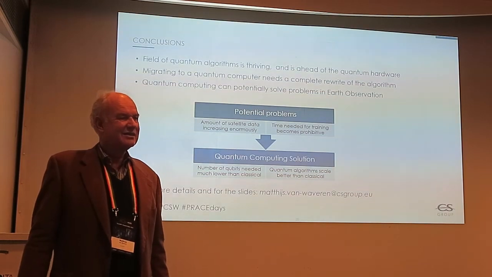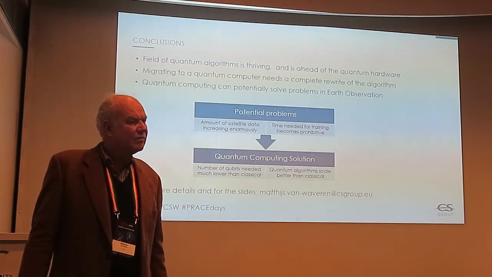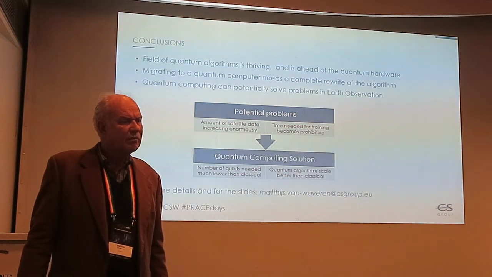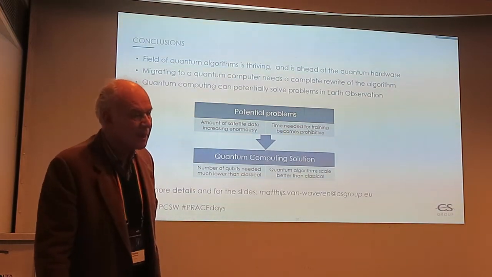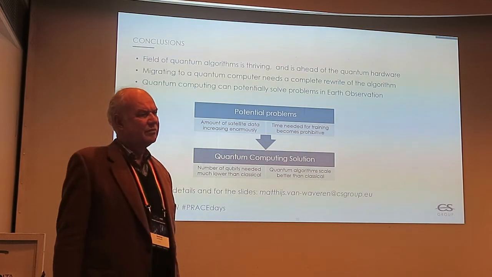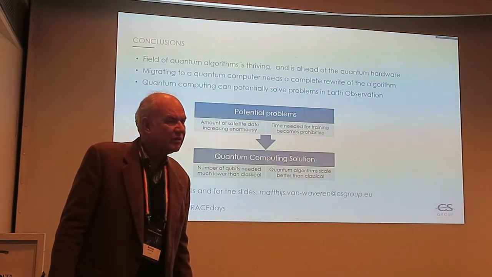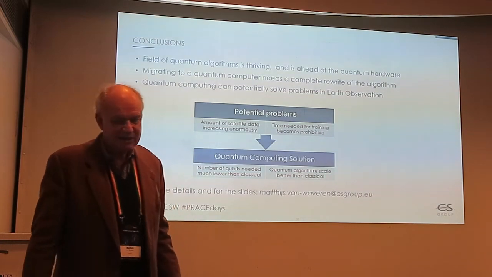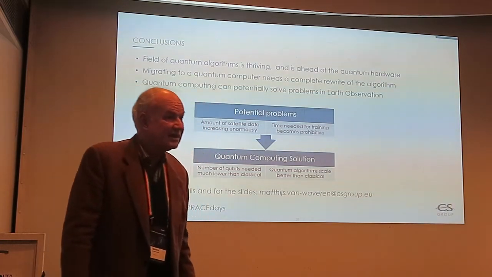Questions? Yes? How exactly do you encode an image, if you have the fully quantum network, as an input of the network in terms of qubits? Well, there are several ways to do that.